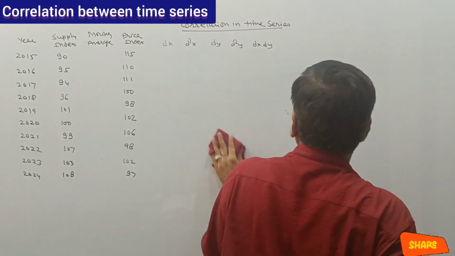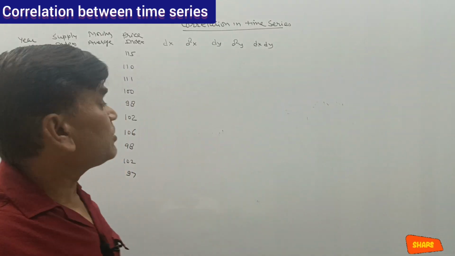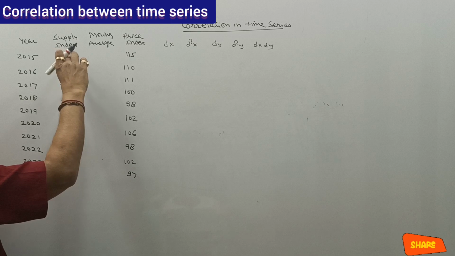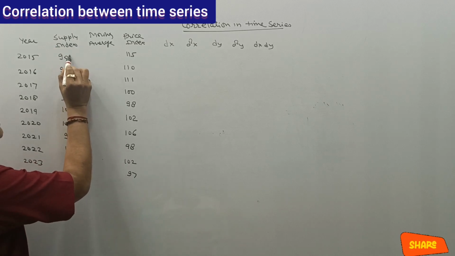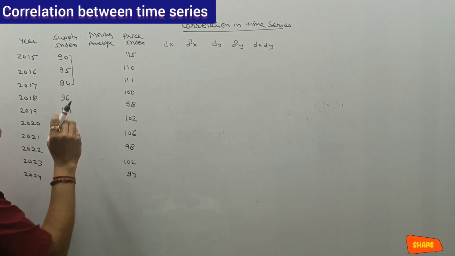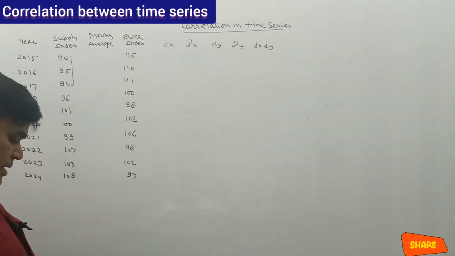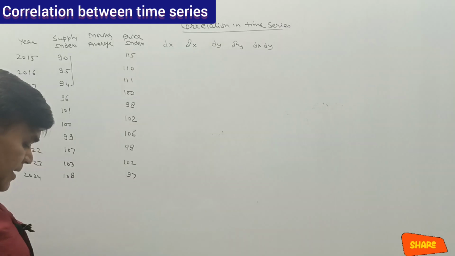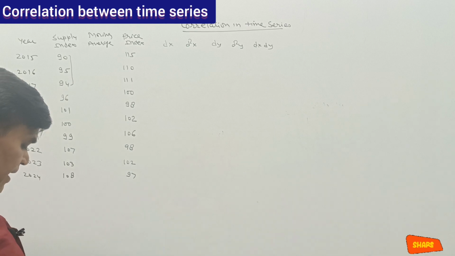So I have one question related to getting the moving average. We are taking a 3-year moving average. So first, 90 plus 95 plus 94 divided by 3.